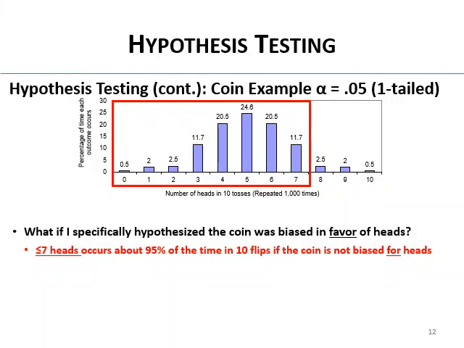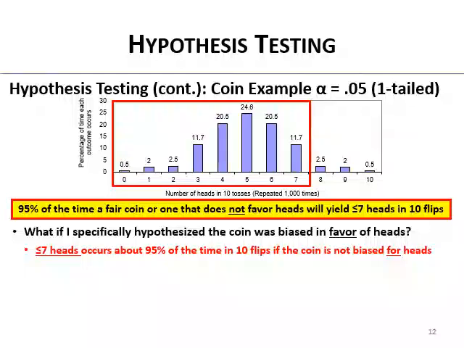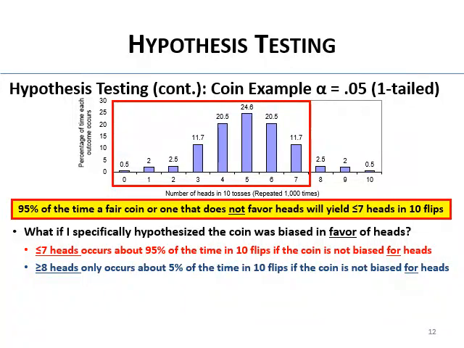Even though the 0 and 1 at the bottom end is rare, that wasn't my hypothesis. I'm saying it's biased in favor of heads. So we put all that probability on the upper end of this distribution for rejecting the null. So 7 or fewer happens about 95% of the time if the coin is not biased for heads. So 8 or more heads occurs about 5% of the time in 10 flips.